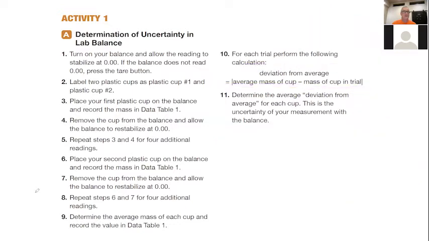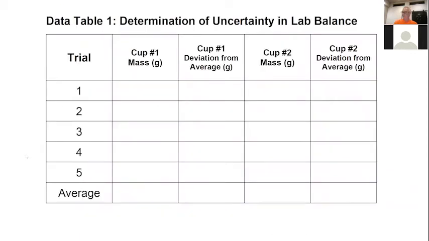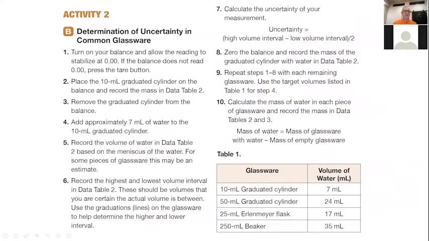So the next thing is then looking at the 4 different pieces of glassware. So we're going to put 7 mils in the 10 mil graduated cylinder. We're going to put 24 mils in the 50 mil graduated cylinder.